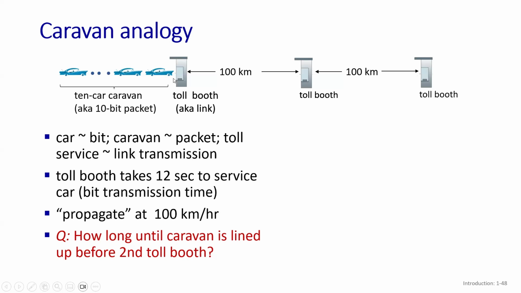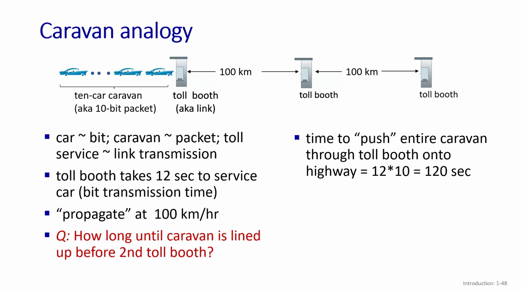First of all, we have to calculate how long it takes for this toll booth to process or service all these cars. Since it is 12 seconds to service one car, this toll booth requires 120 seconds to service all the cars.